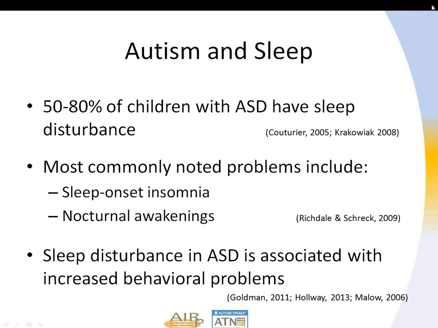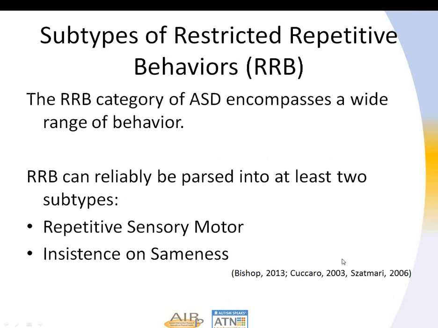The restricted and repetitive behavior category of autism classification encompasses a wide range of behavior. A growing body of research has suggested that restricted repetitive behaviors can reliably be parsed into at least two categories: repetitive sensory motor behaviors and insistence on sameness behaviors.